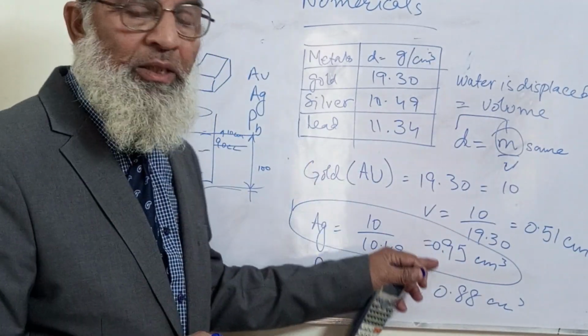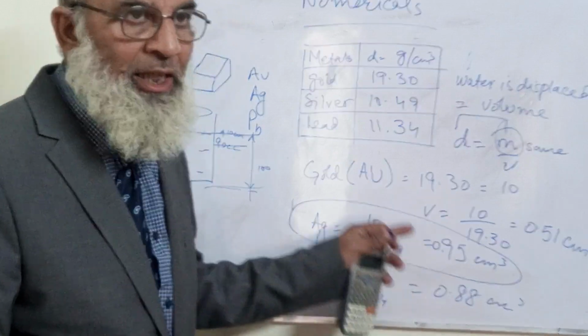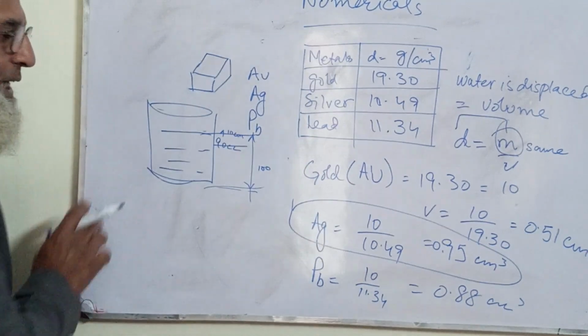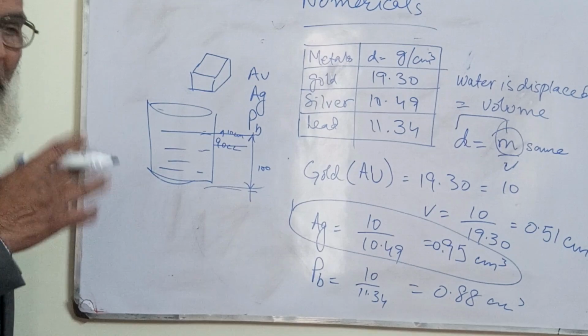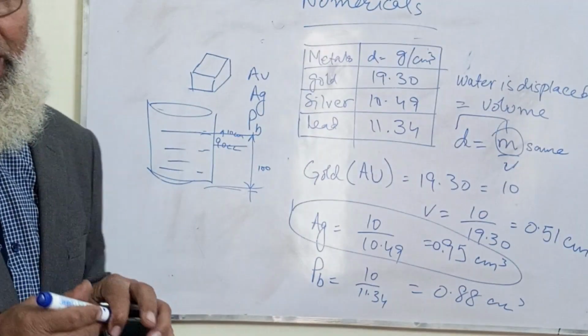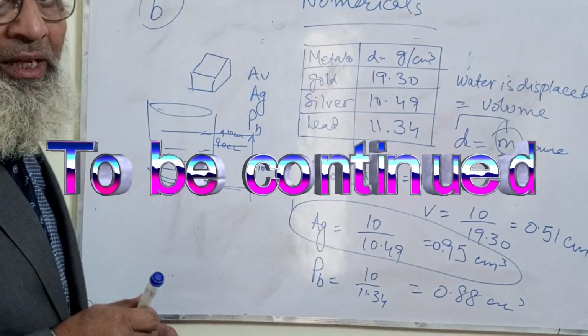Since its volume is the highest of all, it will make the water level rise the most. So our answer is silver, option B in our case.